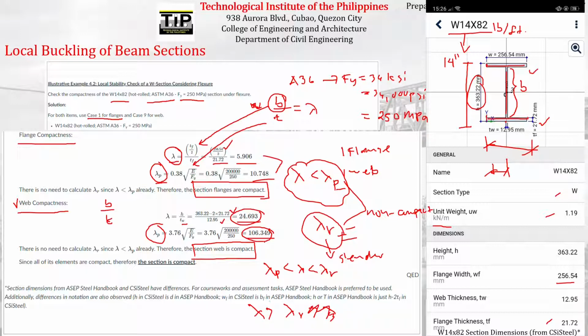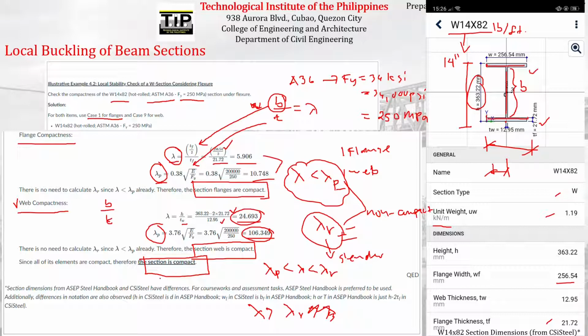Okay, so since it did not exceed, you no longer need to compute for lambda r, because you already have a classification, which is compact. So since the two flanges are compact and the web is also compact, therefore all of the section components are compact. Therefore, we can say that the whole section, the whole W14 by 82, is a compact section.